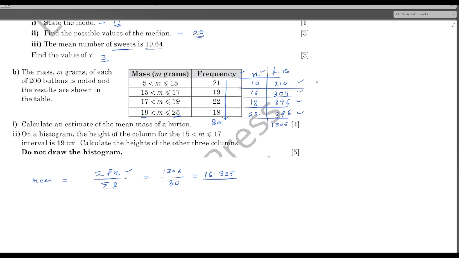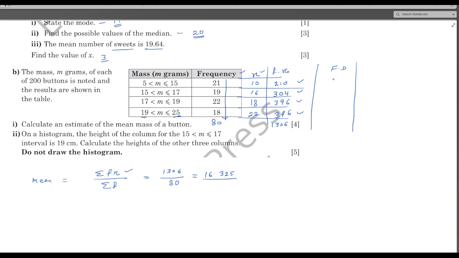So for drawing a histogram, we first find out the frequency density. Frequency density is nothing but your frequency divided by your class width. So 21 divided by, from 5 to 15, it is 10.